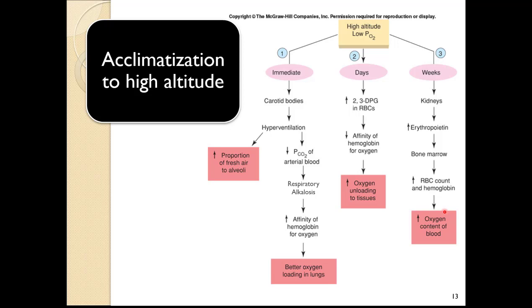And this, of course, then increases the oxygen content in the blood because you have more red blood cells, which means you have more hemoglobin floating around in your blood. So basically, you kind of get this almost thickening of the blood due to having more red blood cells. So those are the three. They each take place separately, and it takes a while for the third one to kick in, that erythropoietin.